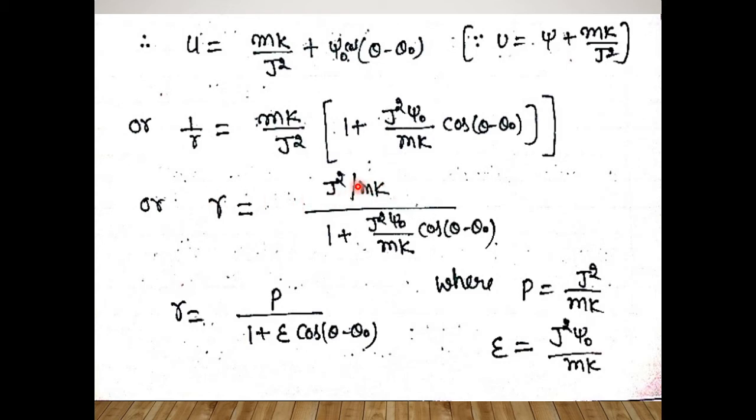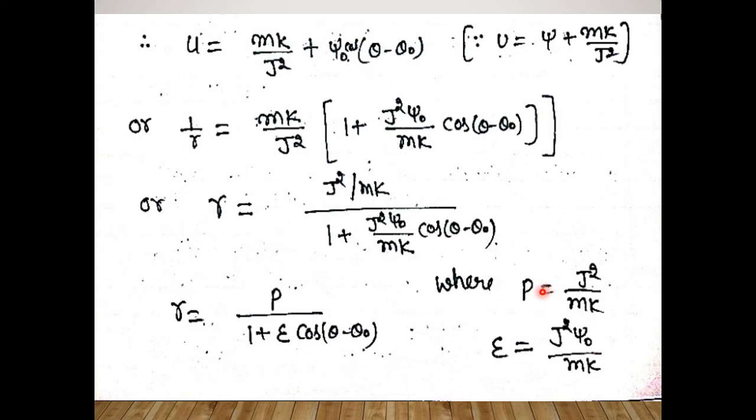From this r becomes j square upon mk, rearranging this term; this is the 1 upon r form. If we take this in r form, this term will be in this form: j square upon mk times 1 upon 1 plus j square psi 0 upon mk cos(theta minus theta 0).